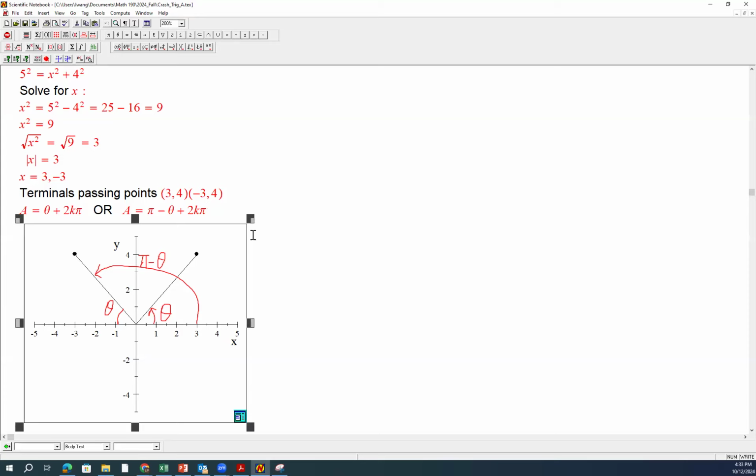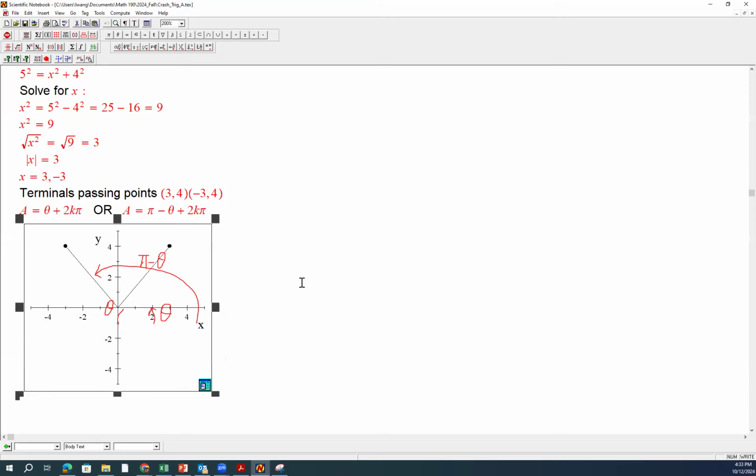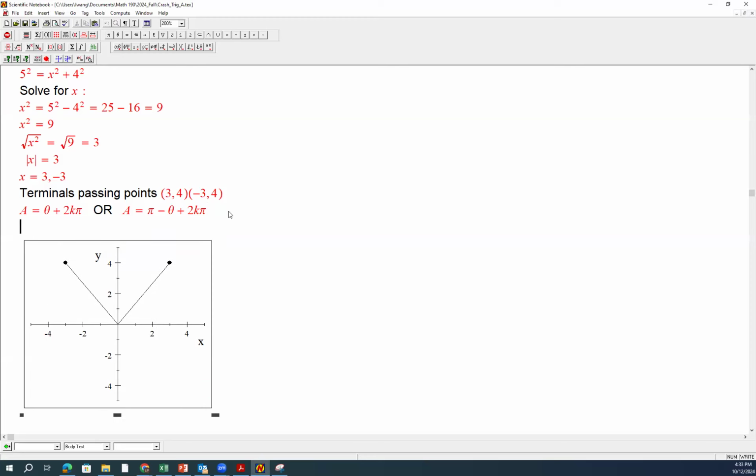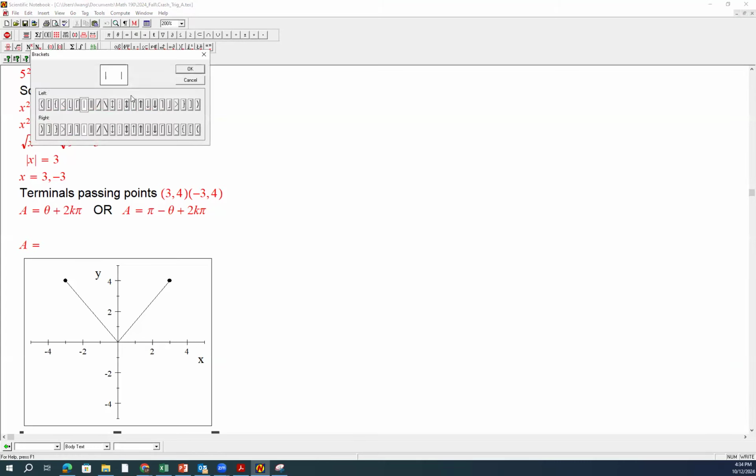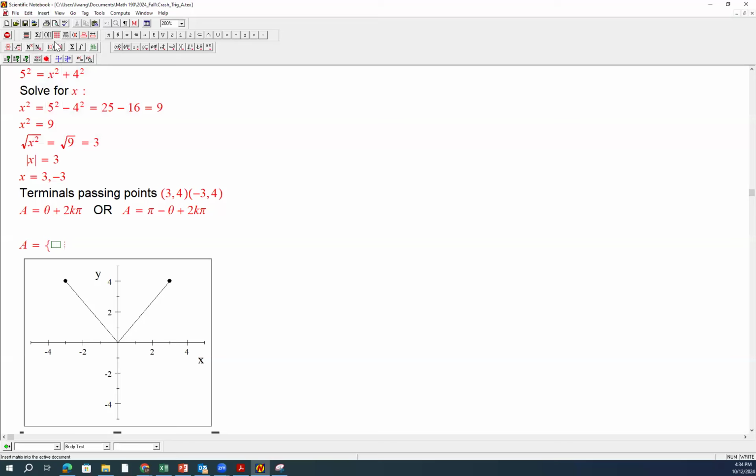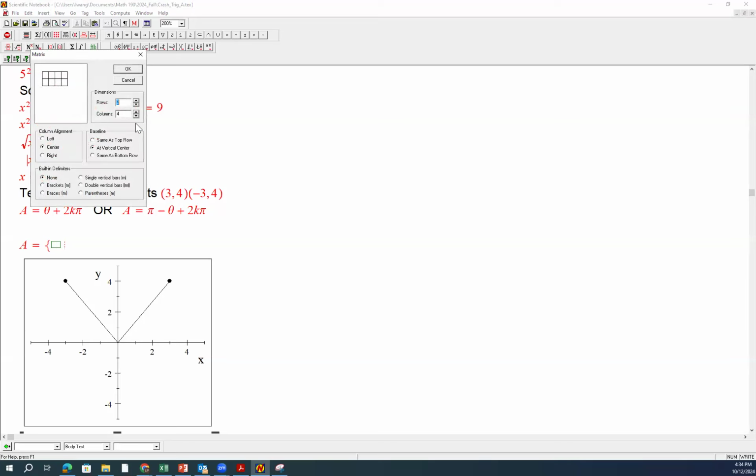Let me clean this up. The general way to express this, you will see in some textbooks on this topic, would be something like this. We have 2 rows, 2 columns.